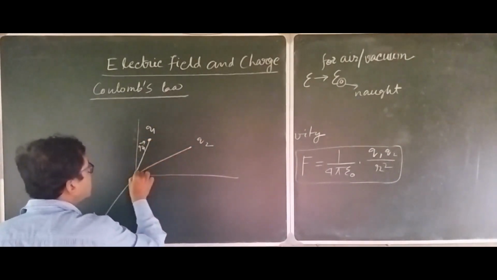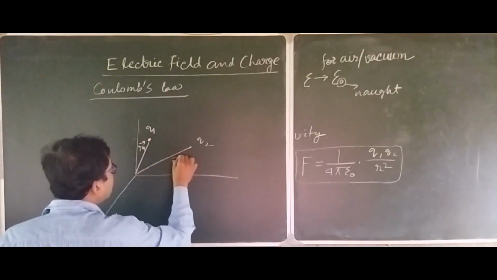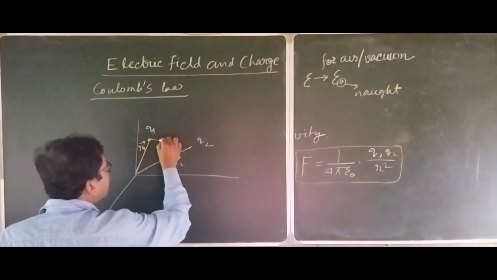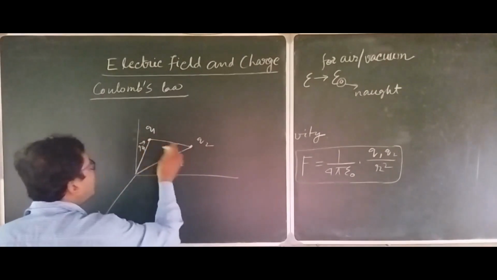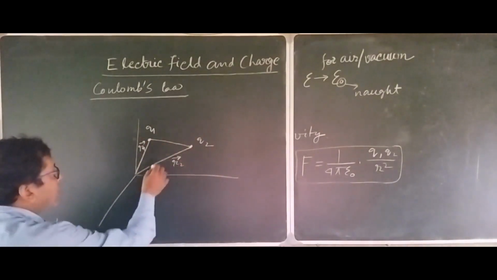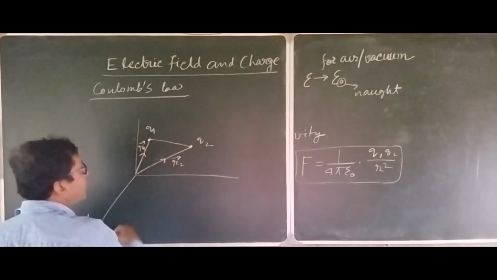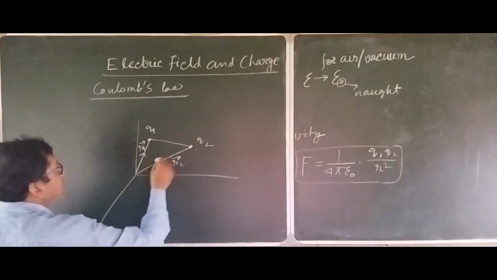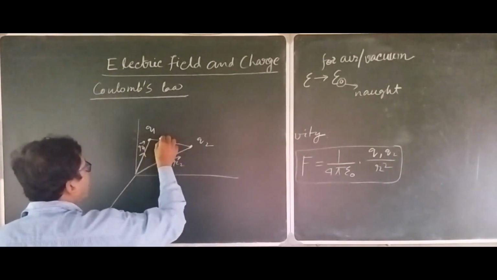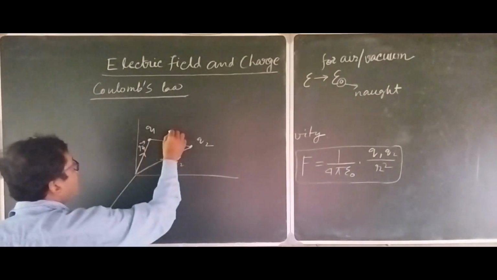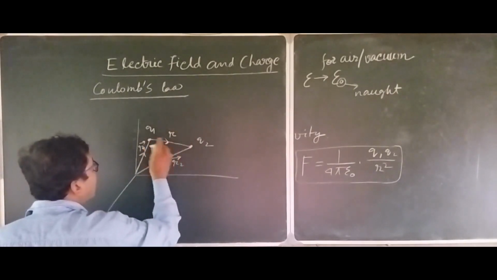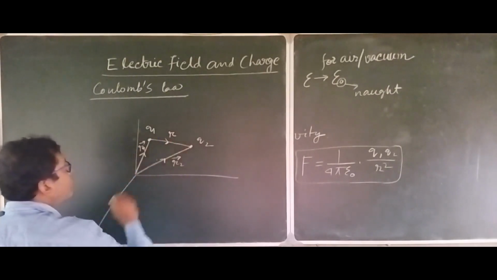Position vector of this charge is R2. Then what will be this distance? This is R1, this is R2. So simply this is R between Q1 and Q2.